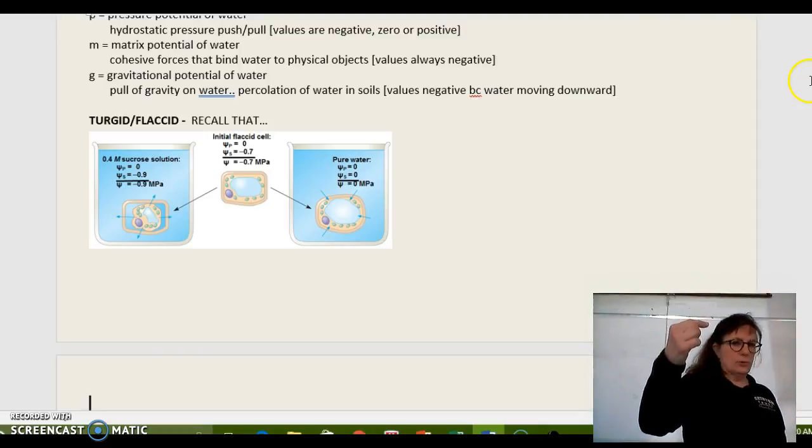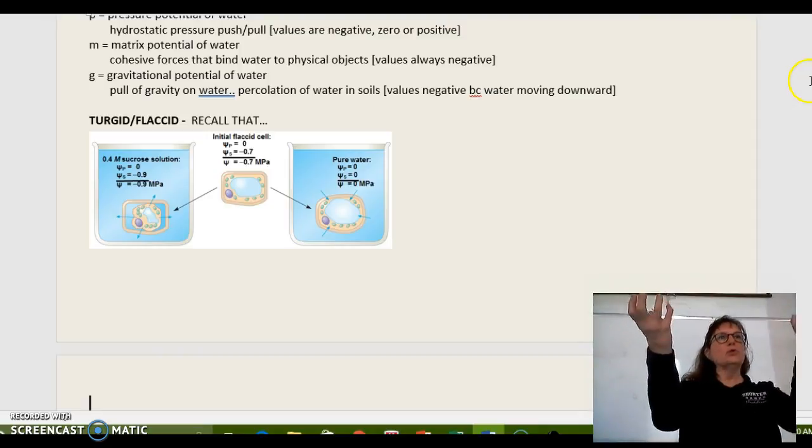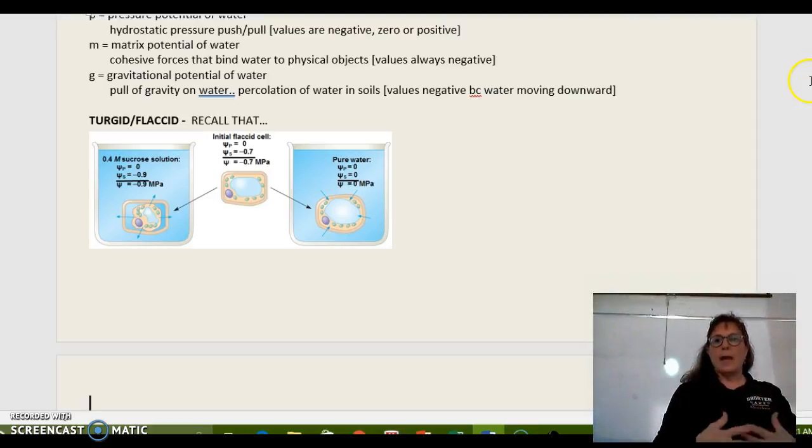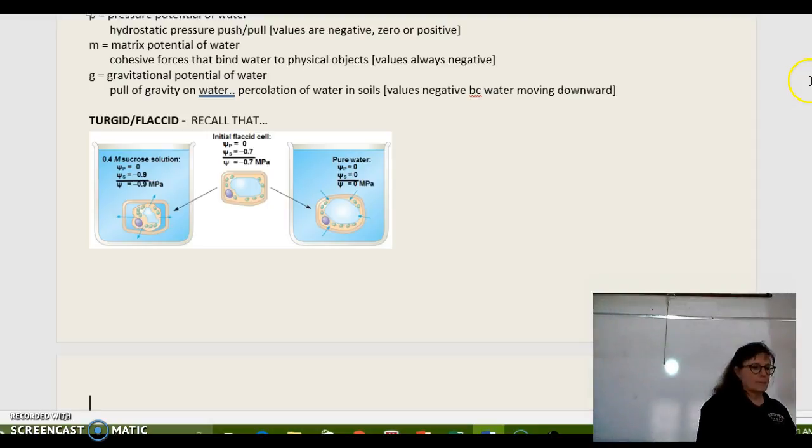If you have chapter 3 open, it's the blue beakers with the cell that goes into the tube. I believe that's about where we left off, talking about turgid versus flaccid. These are the figures that I gave you in the handout. They are not in your textbook, so in case you're looking for that, it's from a previous lecture in an earlier class.